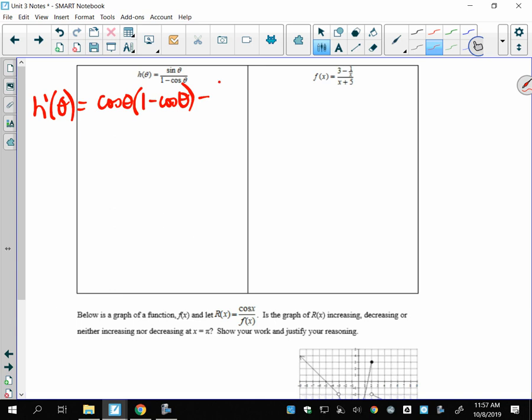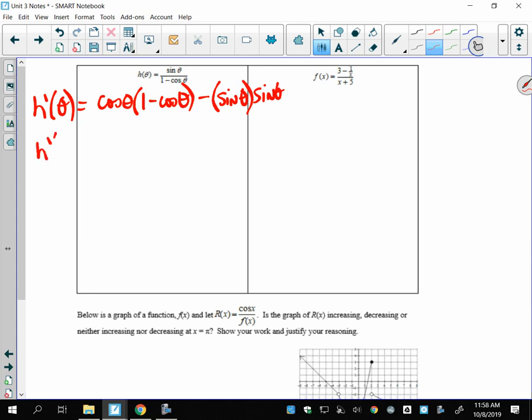Oh, because it's already a minus. I got it here. This is where I messed up yesterday. So minus the derivative of negative cosine would be positive sine now, right? Times the top, which is sine.